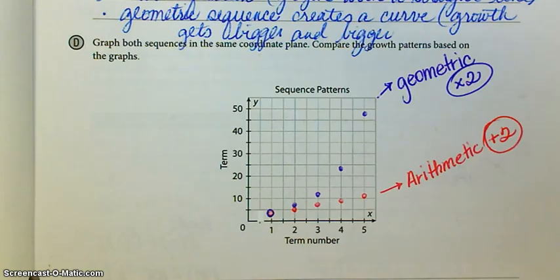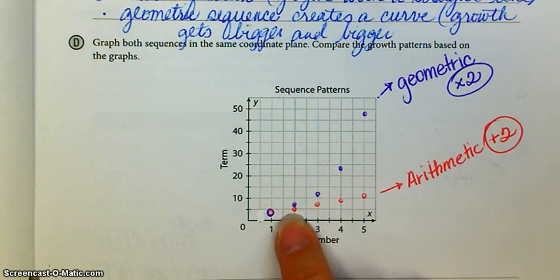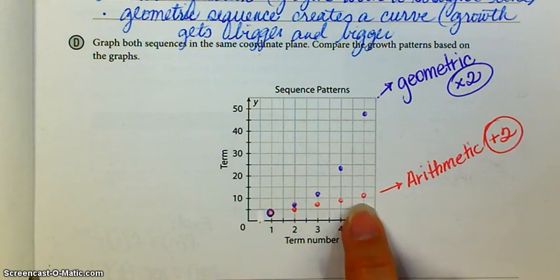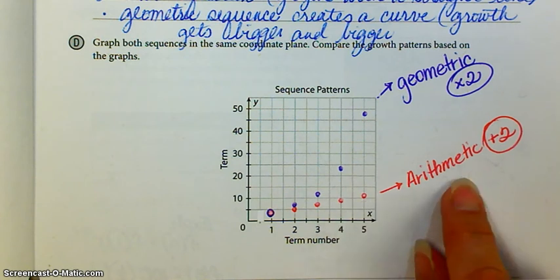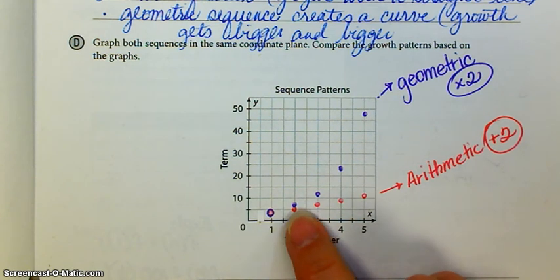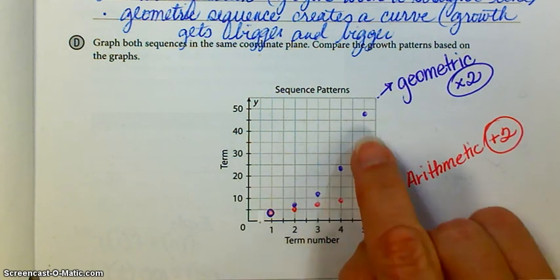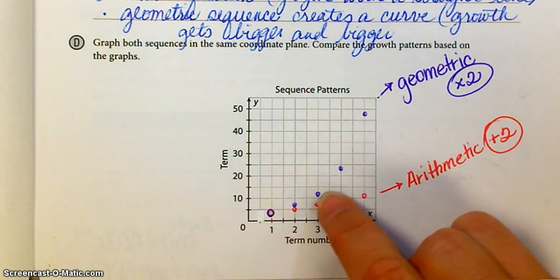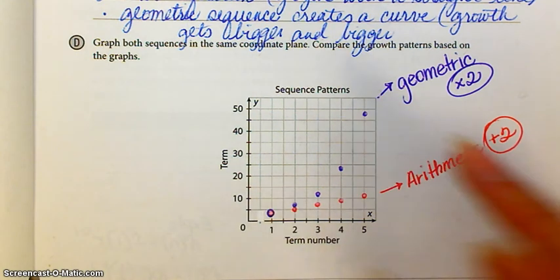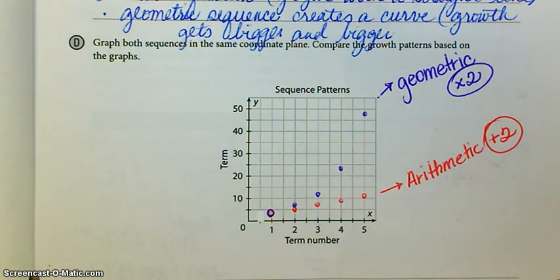When we graph the two sequences from the previous page, the red is the arithmetic sequence, and if I connected those points, I would connect them in a straight line, because I'm just adding 2 each time. But the purple, notice that it doubles each time, and so the line is a curve, and it's curving up in this case. So an arithmetic sequence creates a straight line. A geometric sequence creates a curve.